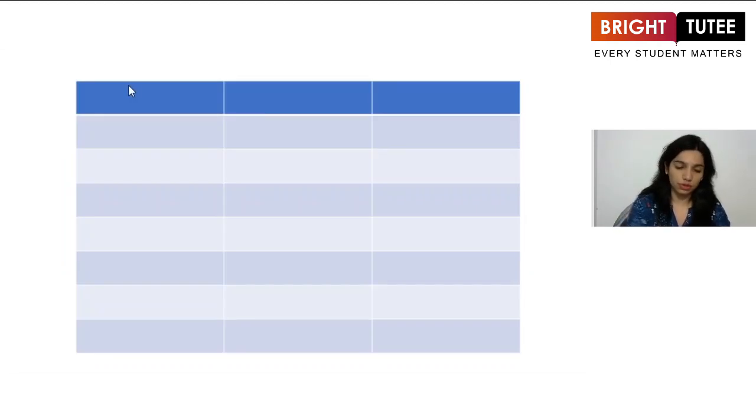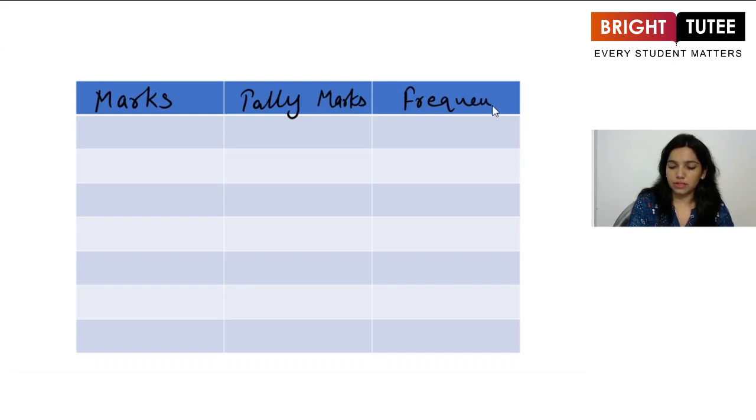In the first box we write the marks obtained, so this column is going to carry the marks. Here we write the tally. This is tally marks, and here comes finally the frequency.